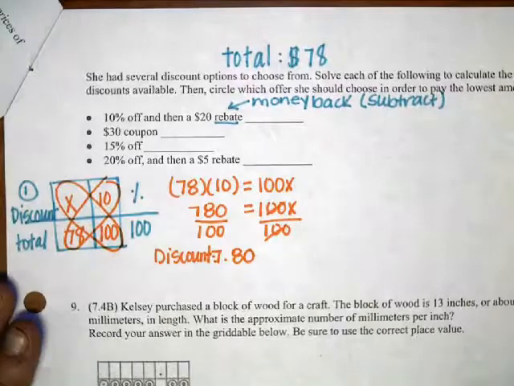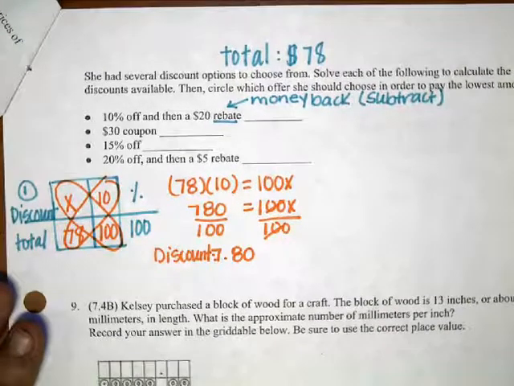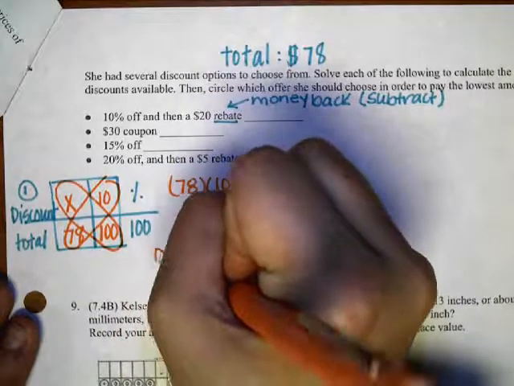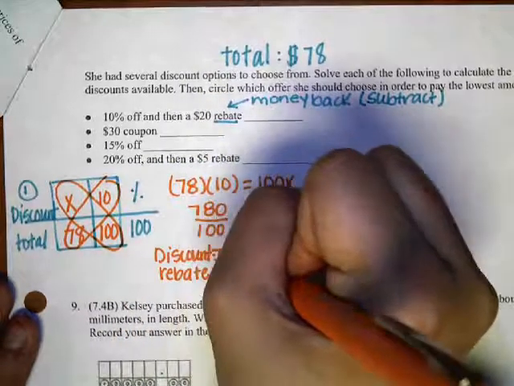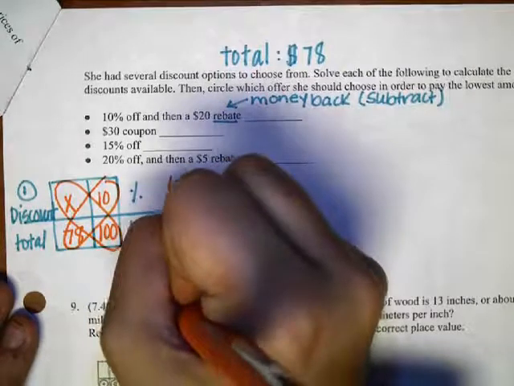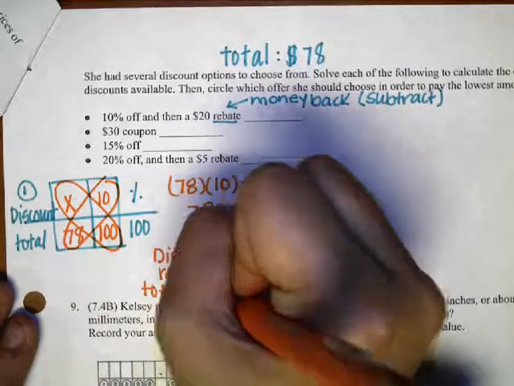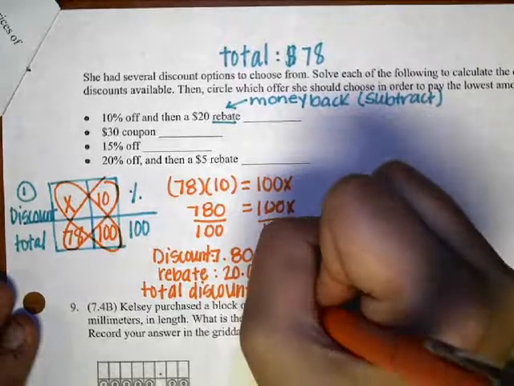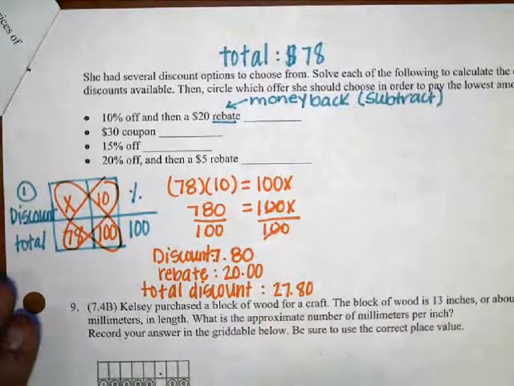Okay, but she also gets another $20 off for that rebate, which makes a total discount of $27.80.